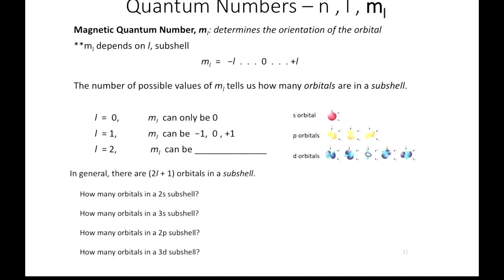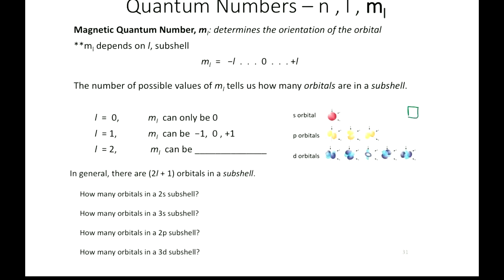How I like to think of this ML quantum number is how many boxes are in the energy level diagram for that subshell. Note how there's only one orientation of this s orbital. If you look at any s orbital on an energy level diagram, you'll see that there's one box.